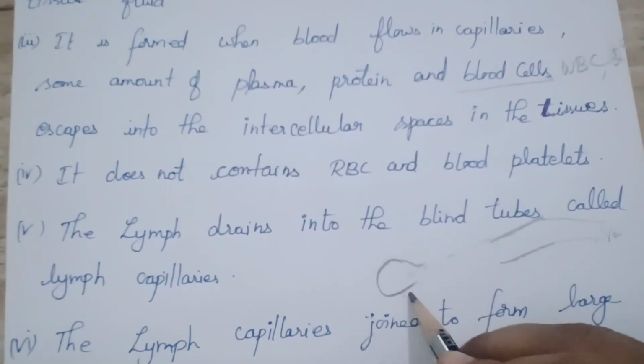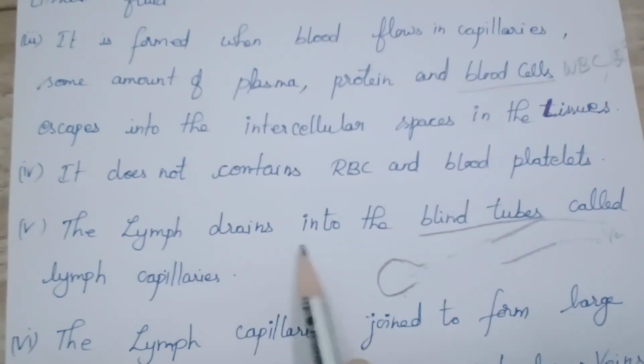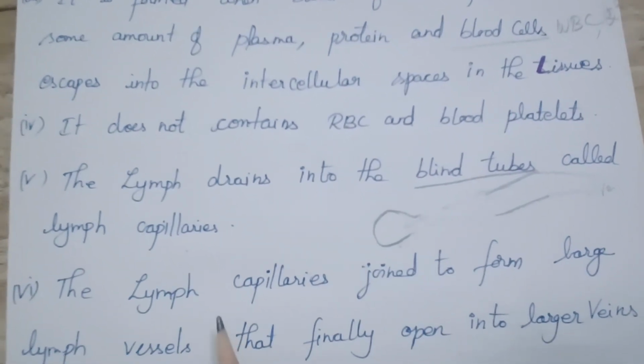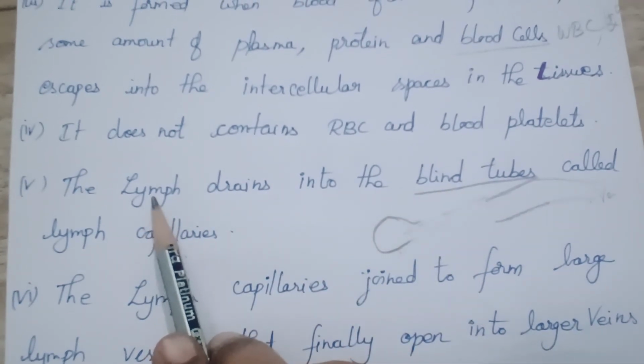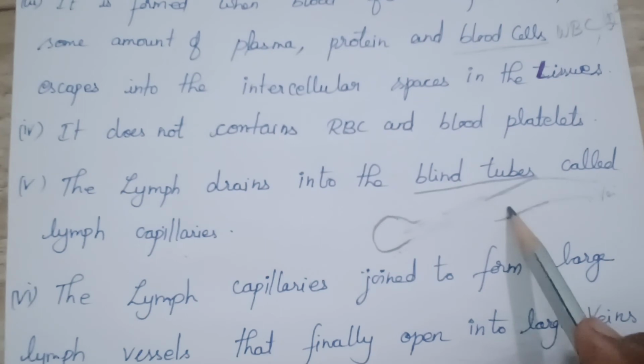If one end is closed, it is called blind tubes. The liquid fluid drains into the blind tubes called lymph capillaries. So all the lymph capillaries join together to form a big vessel, that is the lymph vessel, and it is drained open to veins.